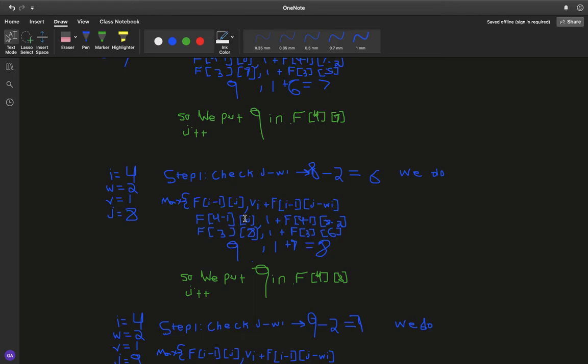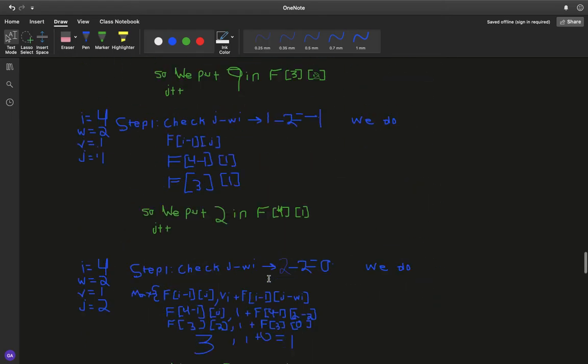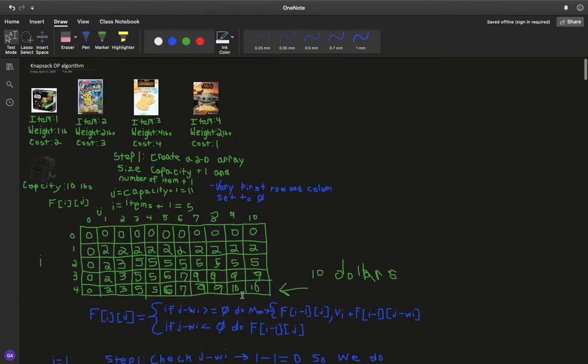So now we check f sub 3 of 8 is 9. f sub 3 of 6 is 7. So we do 1 plus 7 is 8, but 9 is greater than 8, so we put 9 in f sub 4 of 8.